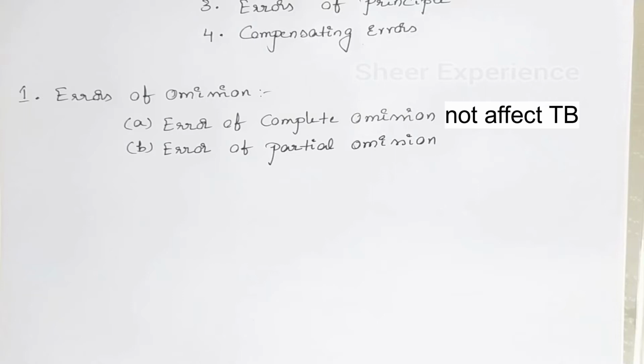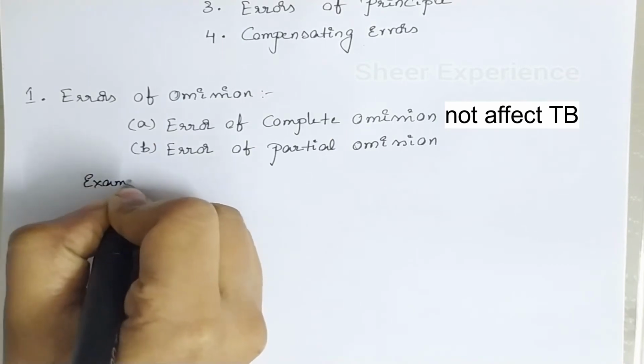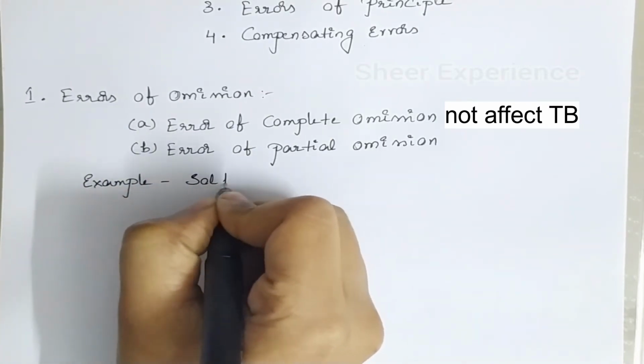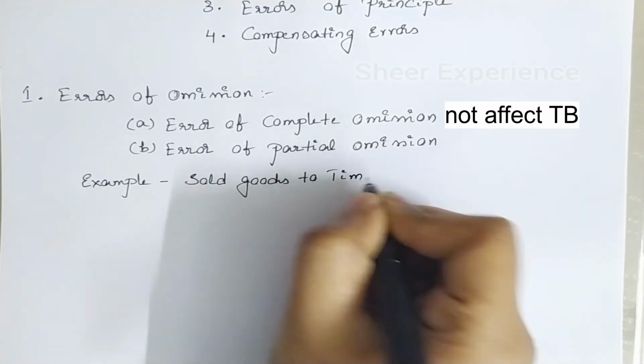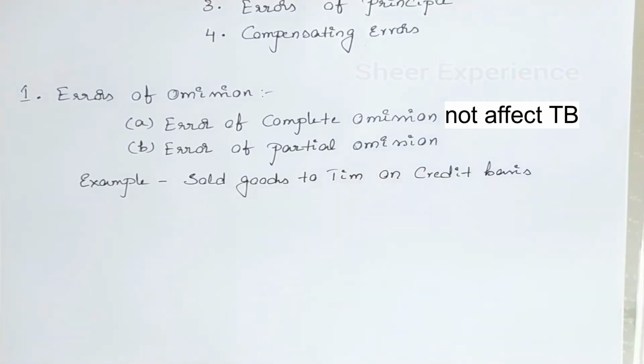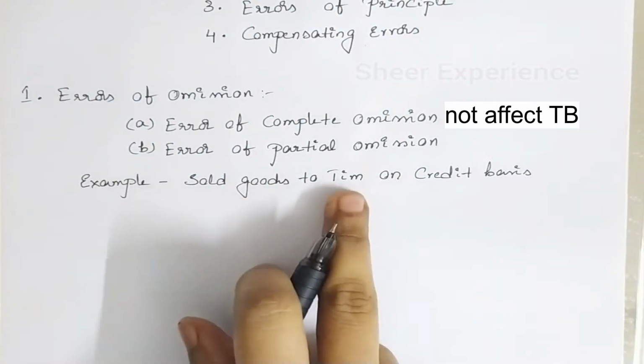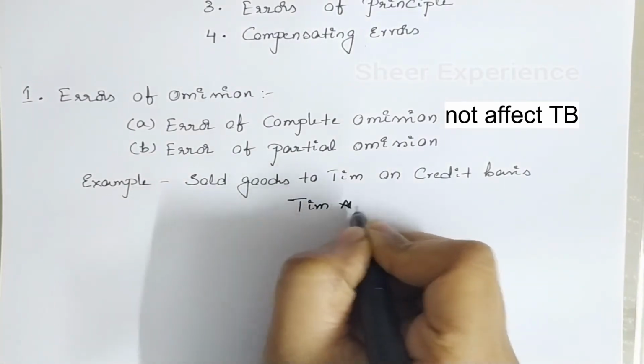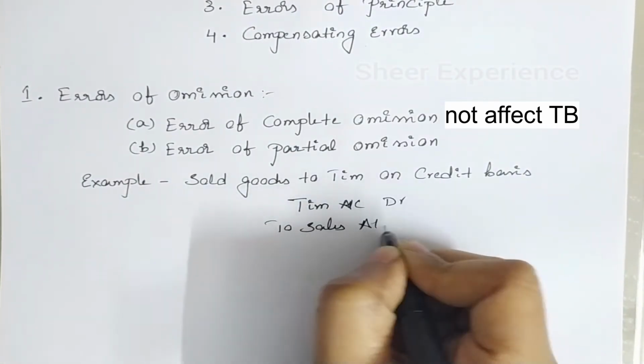We have another type under errors of omission, that is error of partial omission. For example, we will take the same example, that is sold goods to Tim on credit basis. Whenever we sell goods on credit basis, the journal entry would be customer account debtor to sales account.